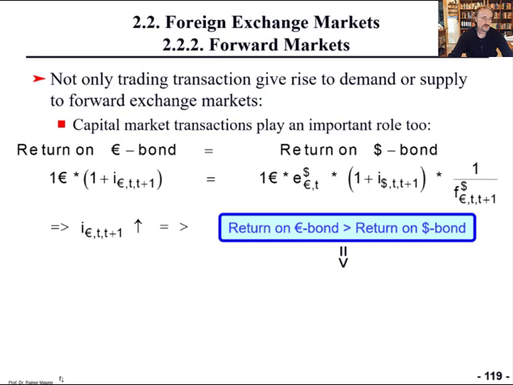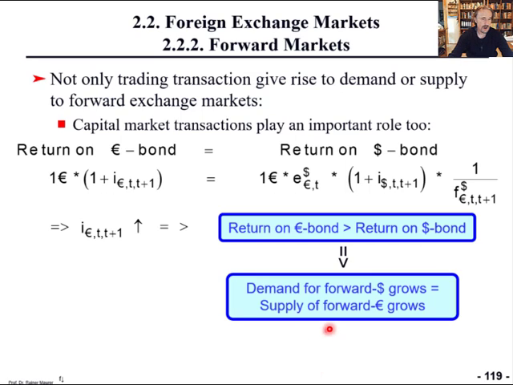So they would on the forward market demand forward dollars and supply forward euros from their bond returns. As a result, now the euro would depreciate on the forward market. If the euro interest rate goes up, in other words, the euro depreciates on the forward market. Again, as we've already seen, the spot exchange rate would appreciate in such a situation.